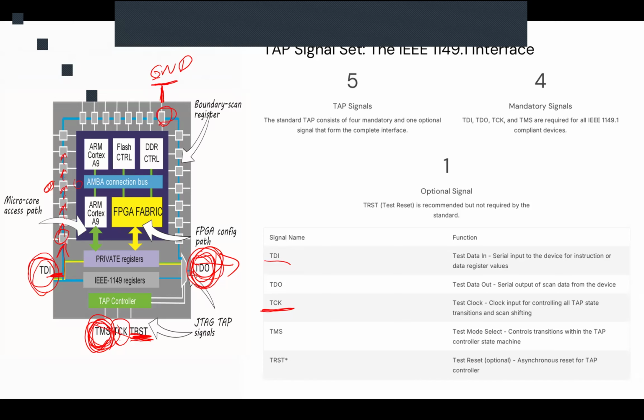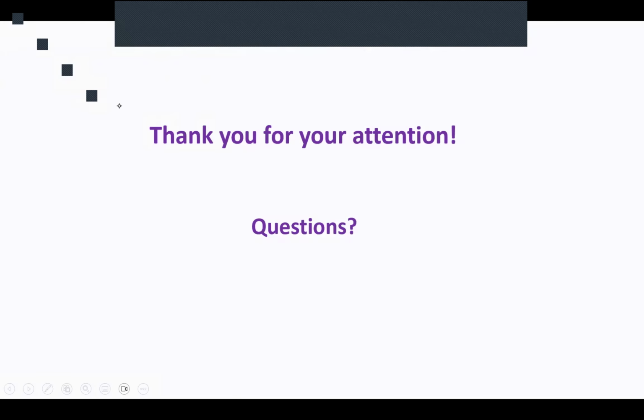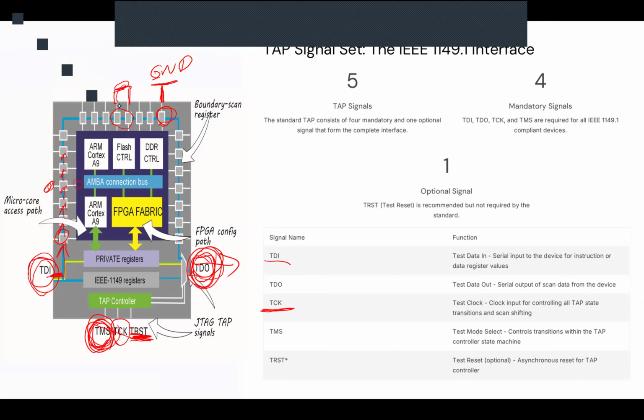That means we have a short circuit here to the ground. Or if these two pins have a soldering defect and they are short-circuited to each other, we could easily capture that defect. No matter what pattern of test vector we send, these two are always the same value. That means we have a soldering defect short-circuiting these two pins to each other. So this is one example of what happens when we talk about JTAG testing.